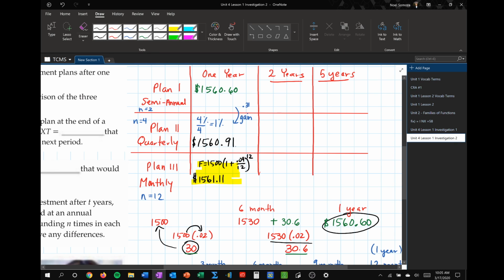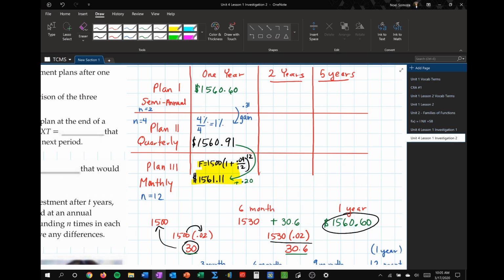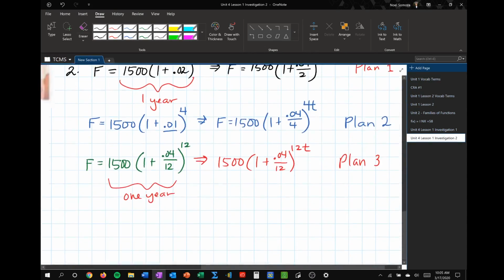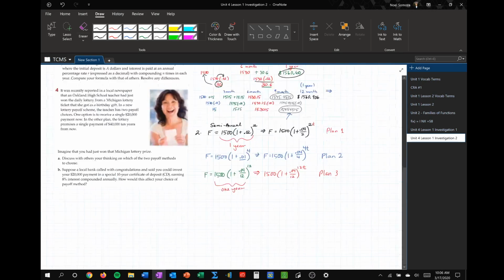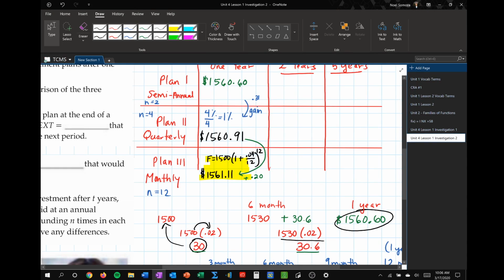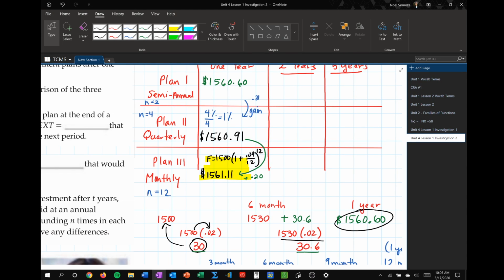Let me get a color here. It's only 20 more cents from here to here. But again, actually no, it's $1.20. What am I saying? No, wait. It'd be $1.11. Yeah, it's $1.20. You're right.